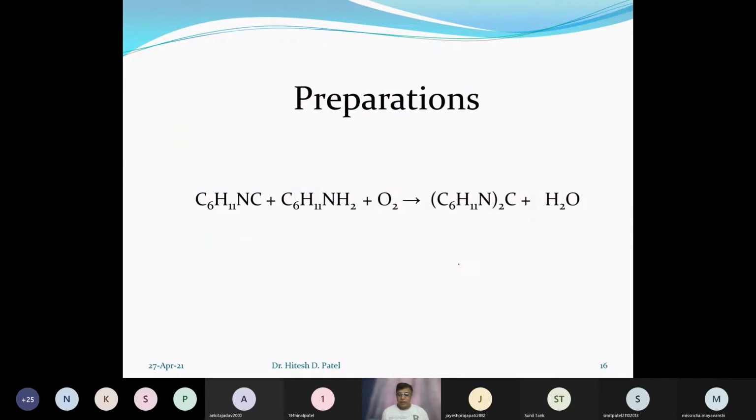And the last one, the abbreviation is DCC, which I have already discussed. Now preparation, how we can prepare this compound. For the preparation of this compound, what do we require? We require this compound. Its name is cyclohexane isonitrile, N triple bond C. Okay, I will write again.